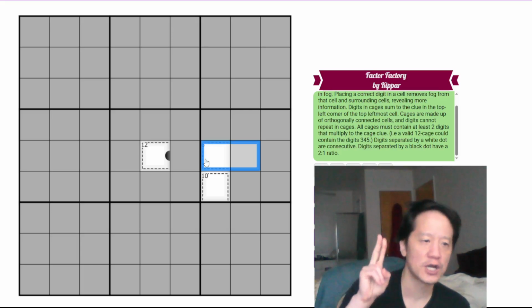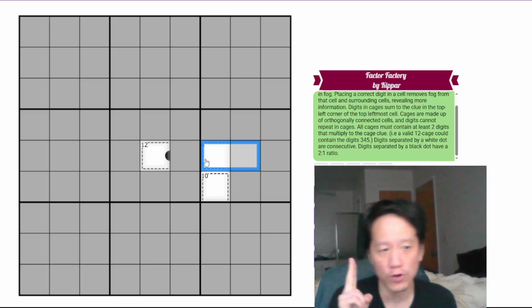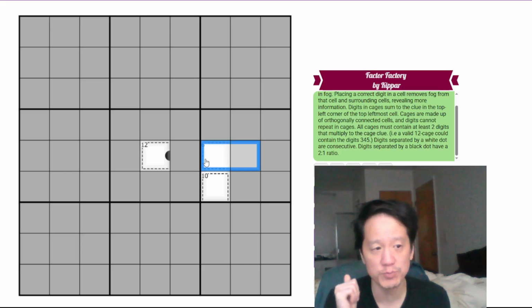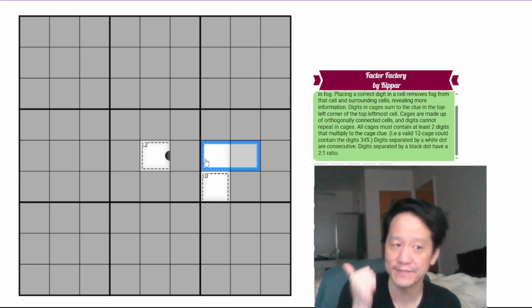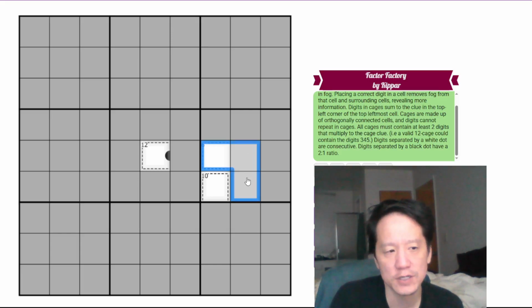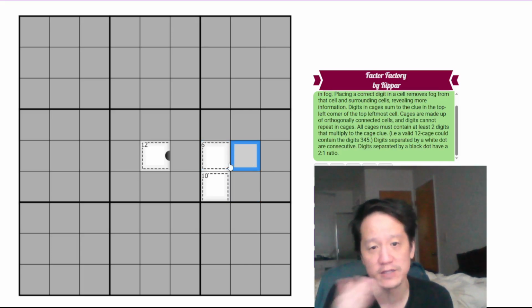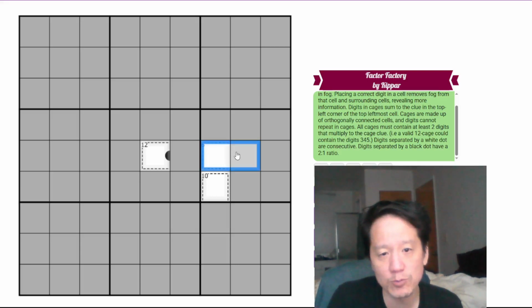Because the only 2-digit combinations are 1 and 5 and 2 and 4, neither of which multiply to 6. 1 and 5 multiplies to 5, and 2 and 4 multiply to 8. So you need 3 digits here to have that multiplication rule still be valid. Multiplying all 3 together, 1, 2, and 3, you do get 6. So this has to be 1, 2, and 3.